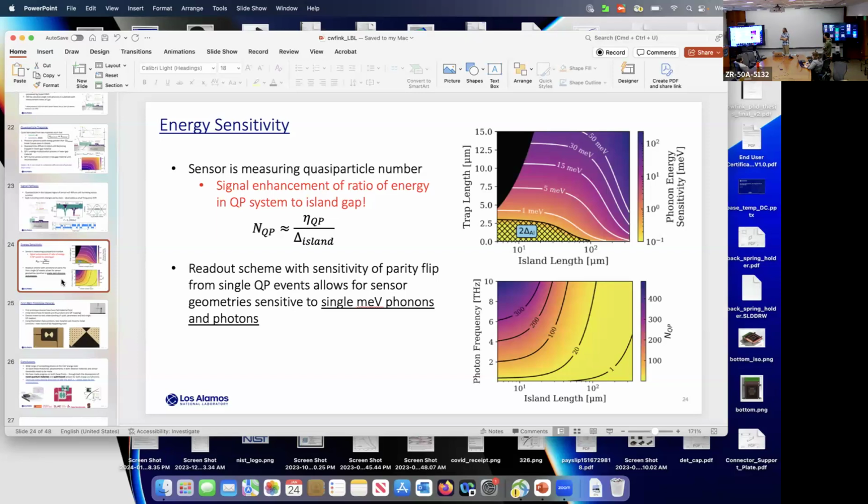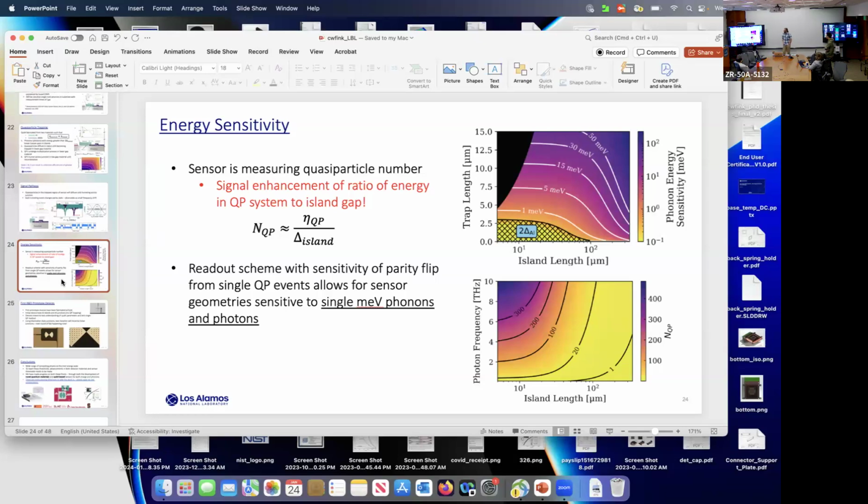Yeah, so I guess the simple answer is we understand the background rate, or the dark rate, of the devices once they're fabricated, and then calibrate them with a terahertz photon source.